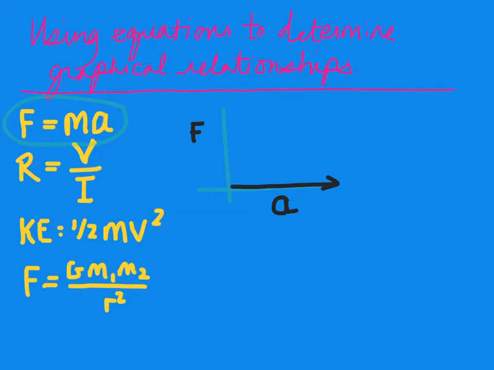It also increases. So we know what that looks like. That is a direct proportion. There's nothing squared, and they are both upstairs, meaning that they're both in the numerator, F and a. They have a direct relationship between them.